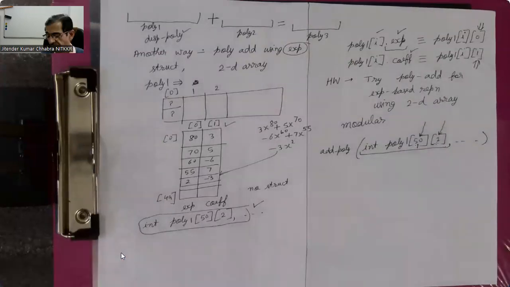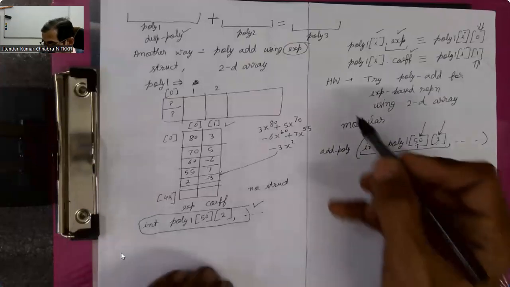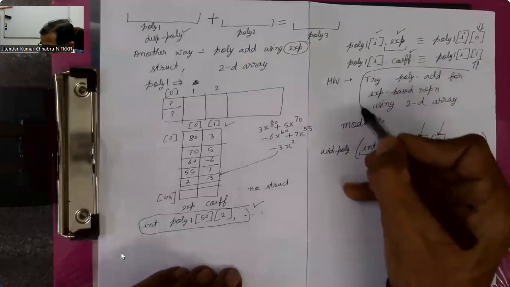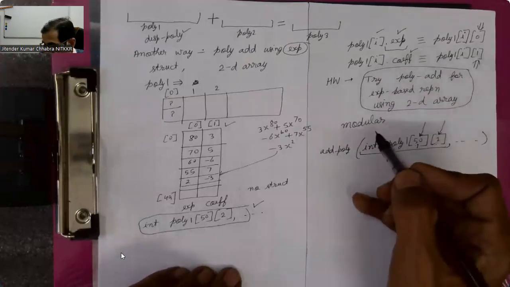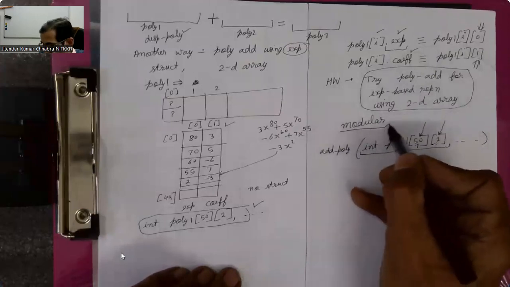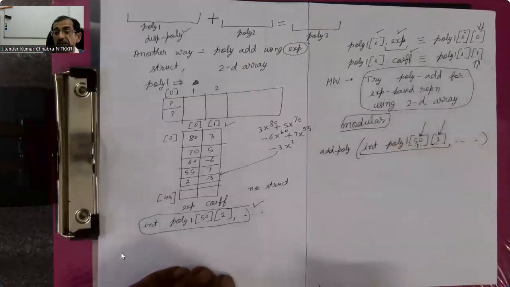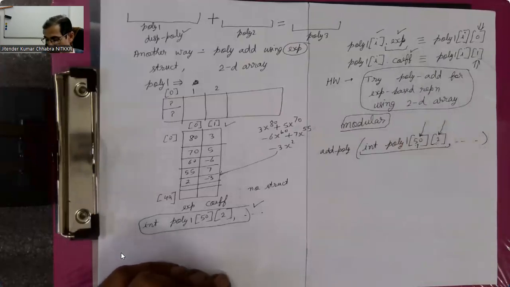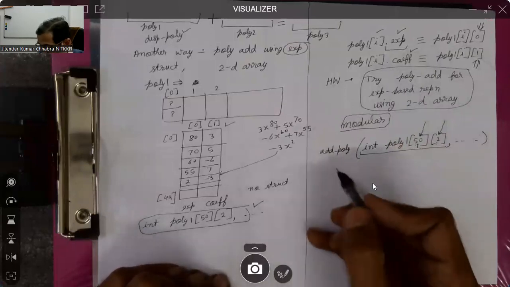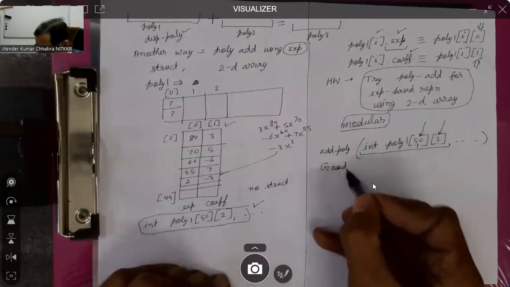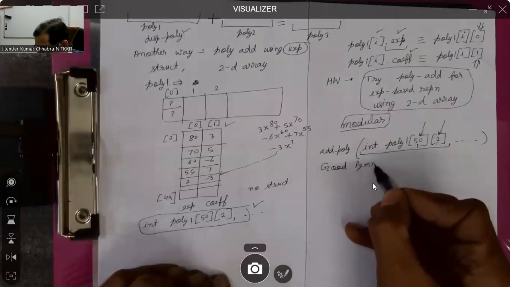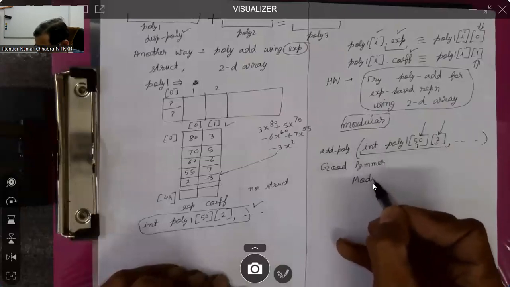Having said that, I think it's time to wind up. I'll suggest everyone now to try this, and at least you should be able to do 2D array-based storage and addition. If modular, it will be good, but now probably we have to progress and aim to do modular programming also. Bye-bye, all the best. I am going to stop here now. Must try this, and those who are good programmers can think of doing modular programming for 2D arrays also.